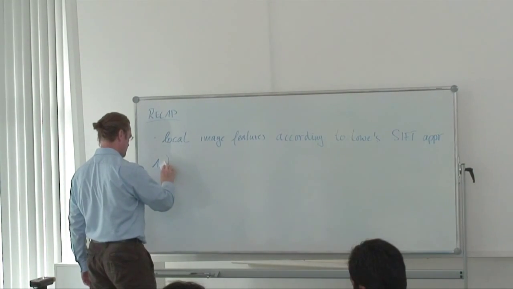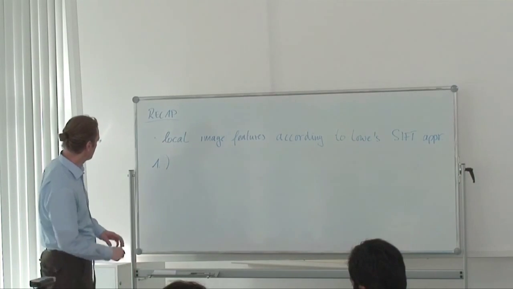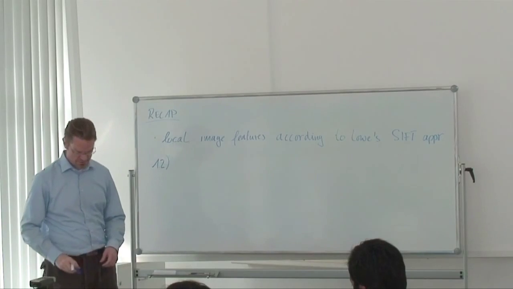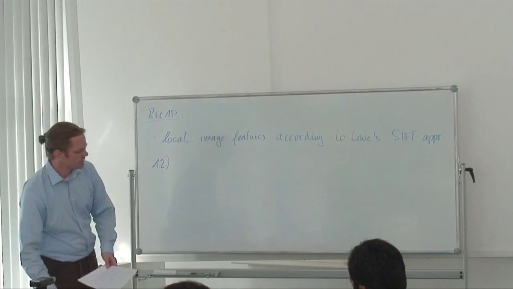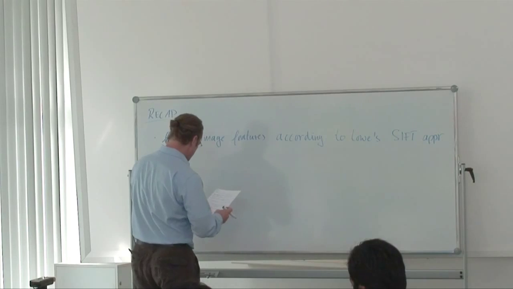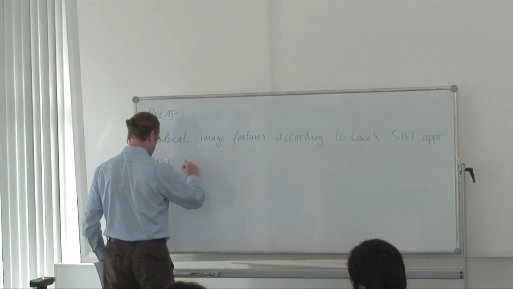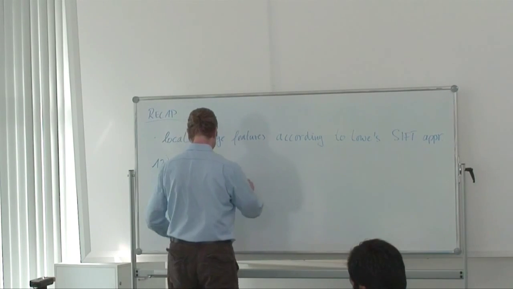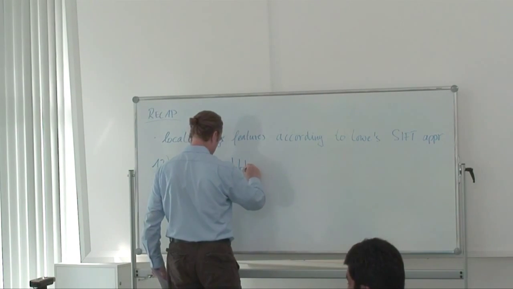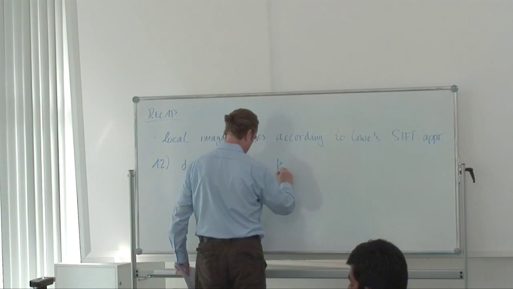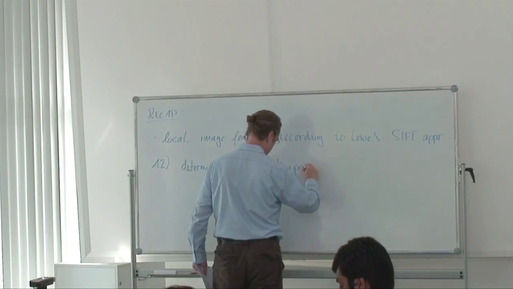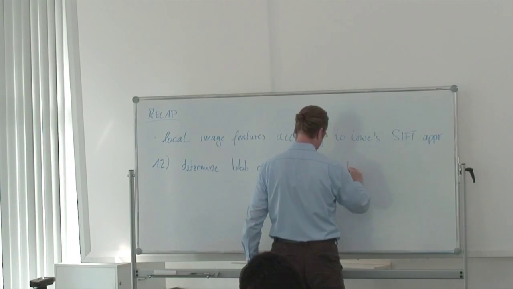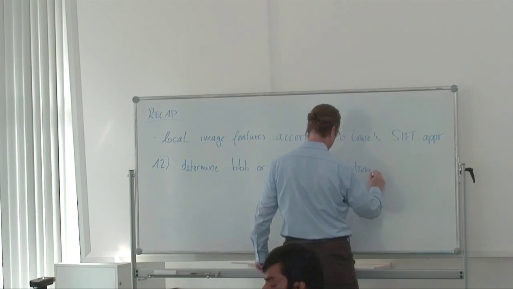The second step, I call it 1.2 because it is still very similar in spirit to this first step. So instead of 1, 2, 3, talking about 1.1, 1.2, is that we next determine the blob or key point orientation. Orientation. Well, that sounds daring.